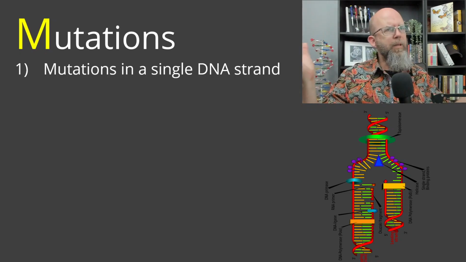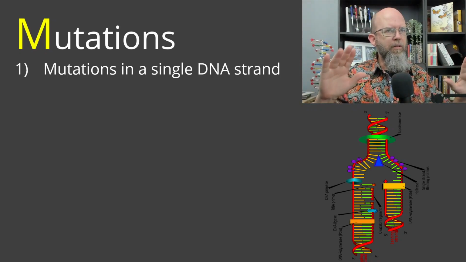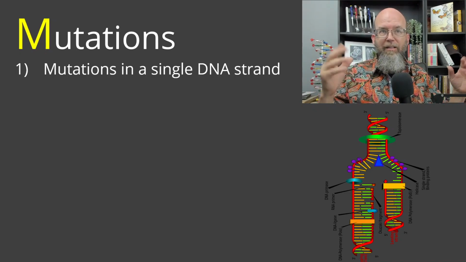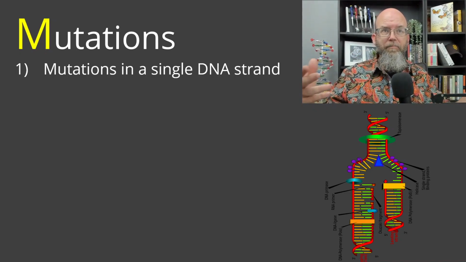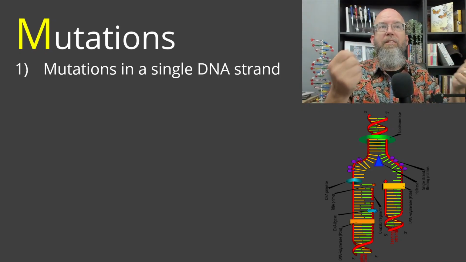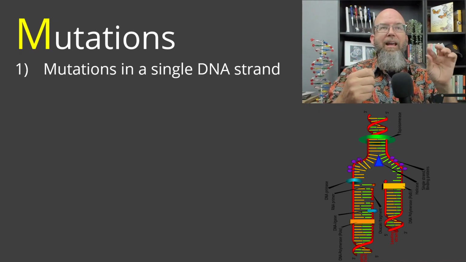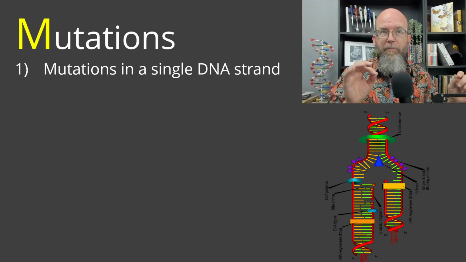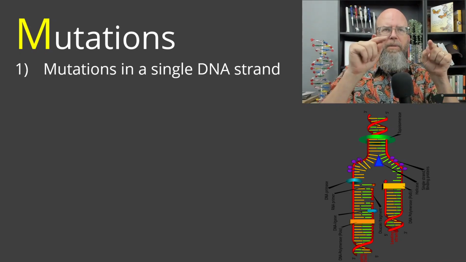Maybe I should back up just real quick. There's a lot of different types of mutations. All mutations are some kind of change in the DNA. That could be individual base pairs that are changing, single nucleotide changes. That could be adding a base pair where it wasn't before. That could be subtracting a base pair, losing a piece of DNA, so that's a deletion. That could be an inversion.